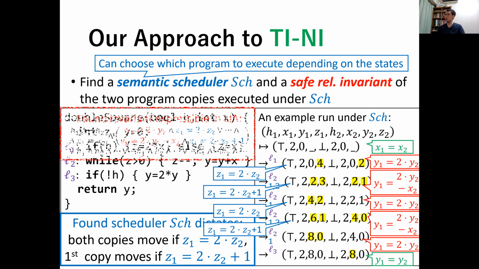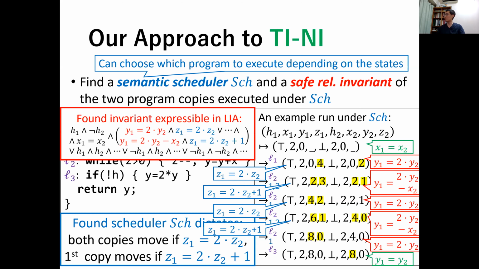And these can be used to infer a safe relational invariant that proves the TI of this example. This is abbreviated because the whole thing is quite large, but it is simple in that it is expressible in linear integer arithmetic.